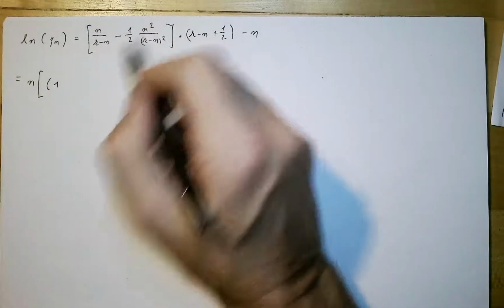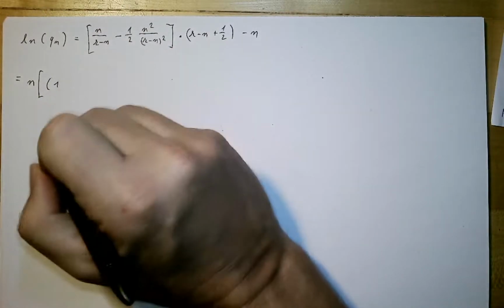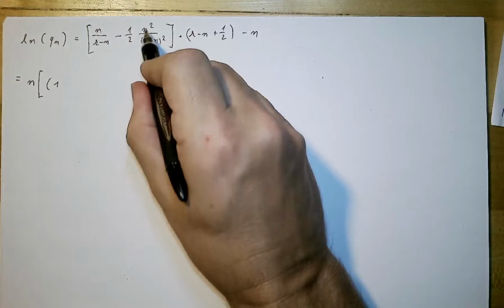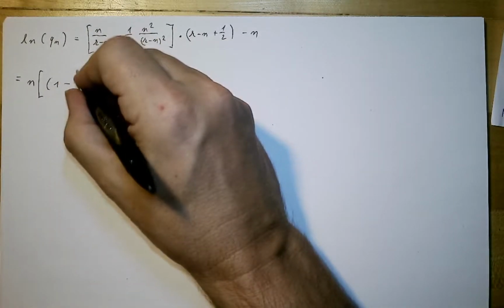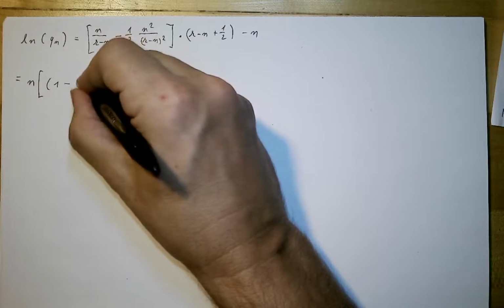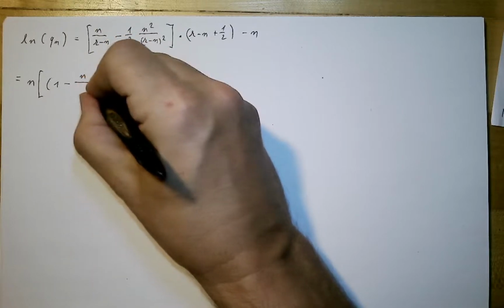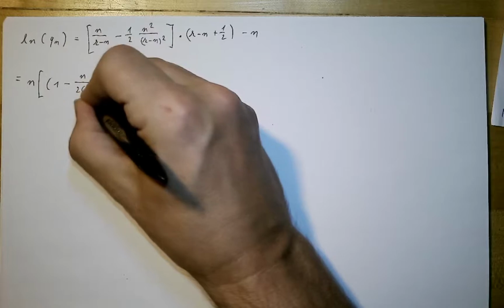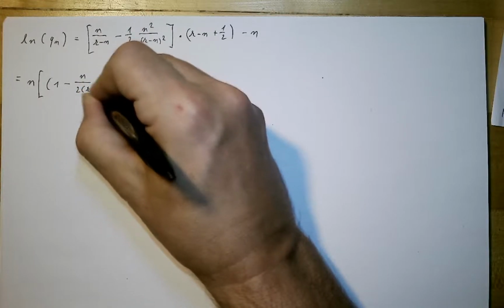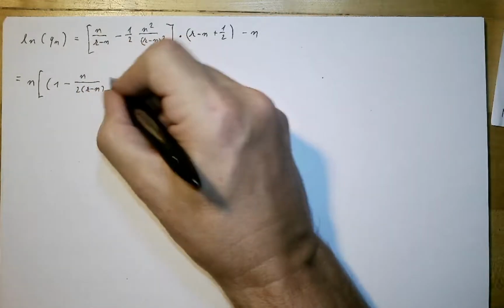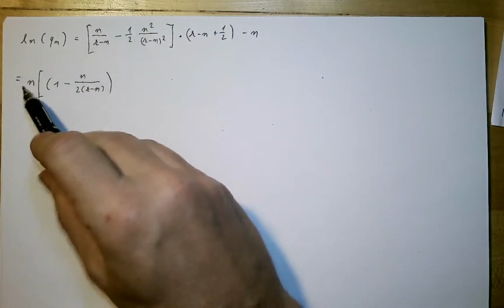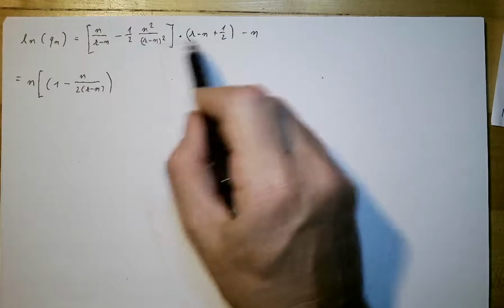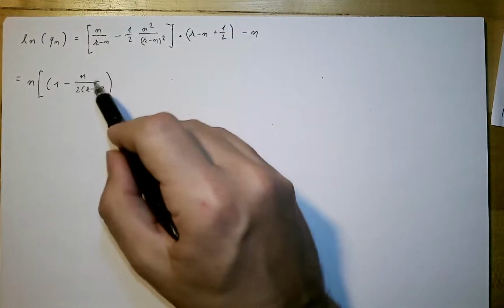And then we get from this here, we get minus n over 2 k minus n, because one n went out, 1 k minus n cancels with this here, and that's left.